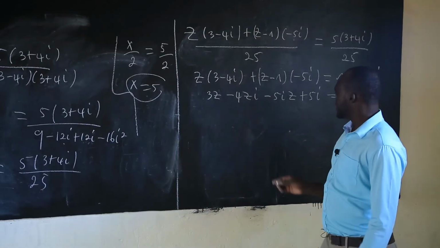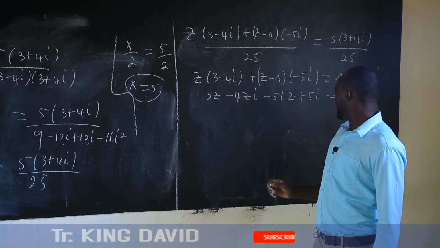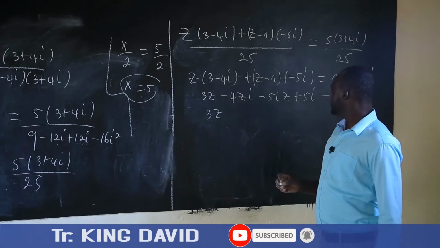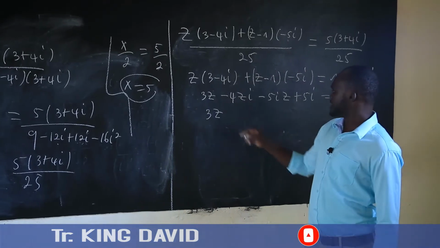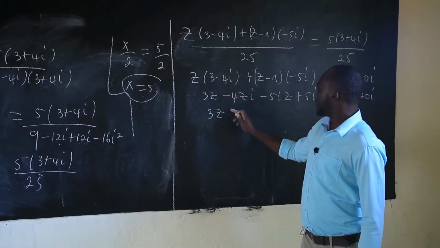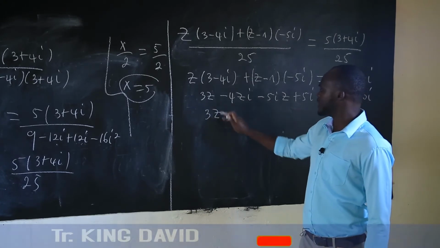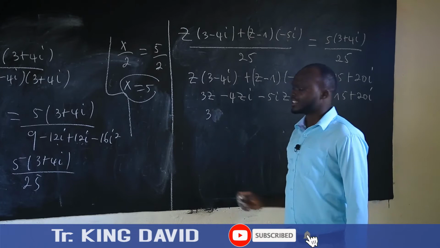So now, real part together and imaginary part together. This is 3Z. Because we are looking for Z, let us make Z the subject of the formula.